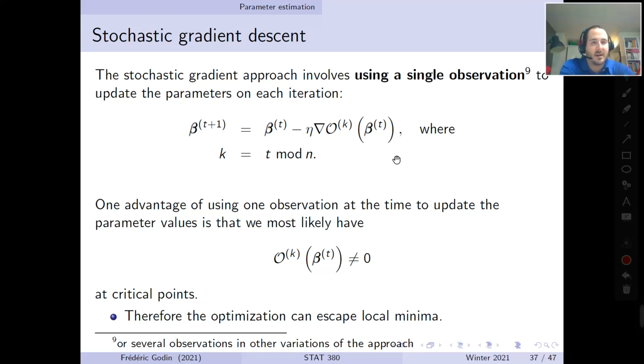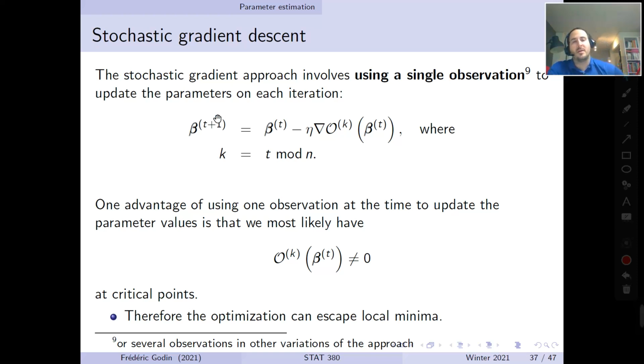This will be done next, but the idea here in stochastic gradient descent is that instead of using the entire gradient for the gradient descent, we will use, as the limiting case, only one observation and replace the objective function O by O_k, where k is simply the kth component of the objective function for a single k, where k is equal to t modulo n.